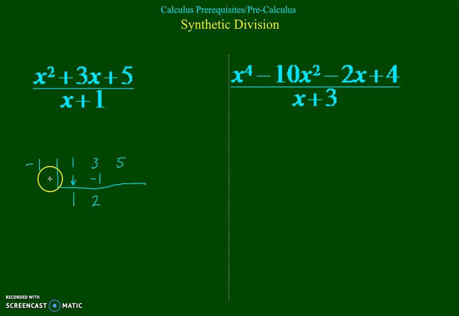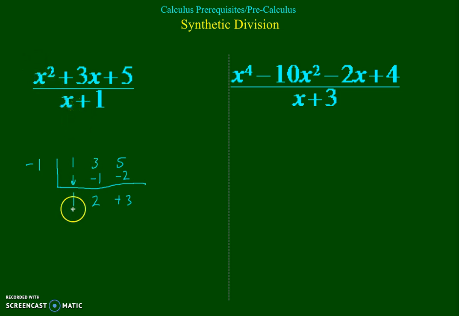Then we multiply this by this and put the result here. Negative 1 times 2 is negative 2. And then we add going down, plus 3. So here our result is going to be, since we took a squared term and divided it by a linear term, you know that x squared divided by x is a linear term.